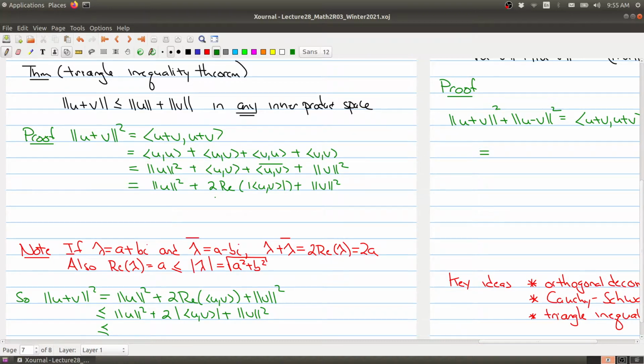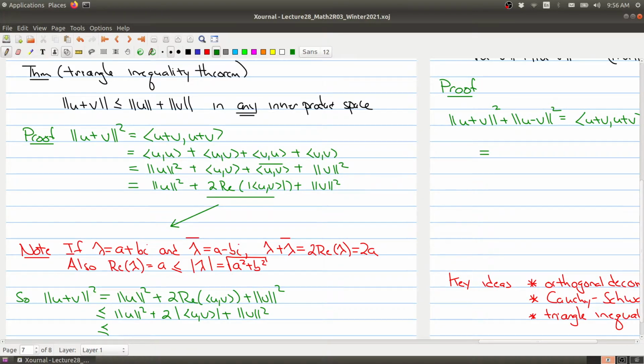Let me justify this particular result right here. It follows from what I've written in red. If you take a complex number and add it to its complex conjugate, you end up with 2a, because the bi and the minus bi cancel each other out.